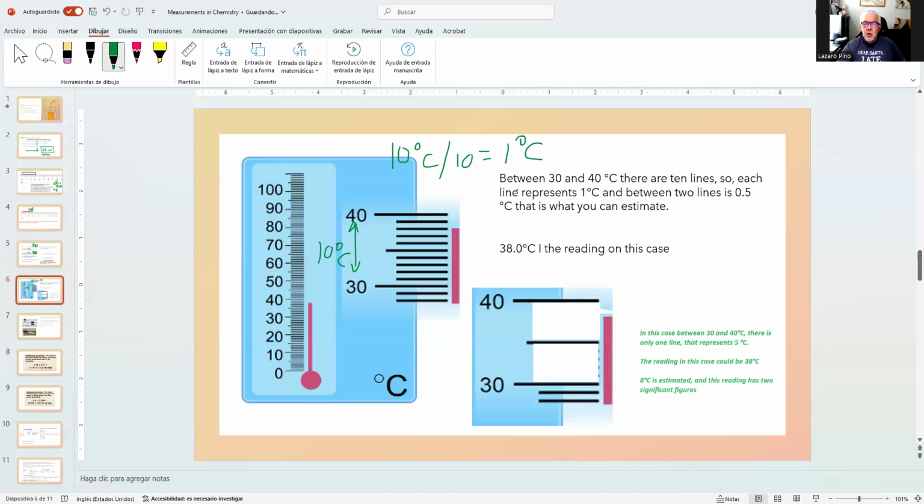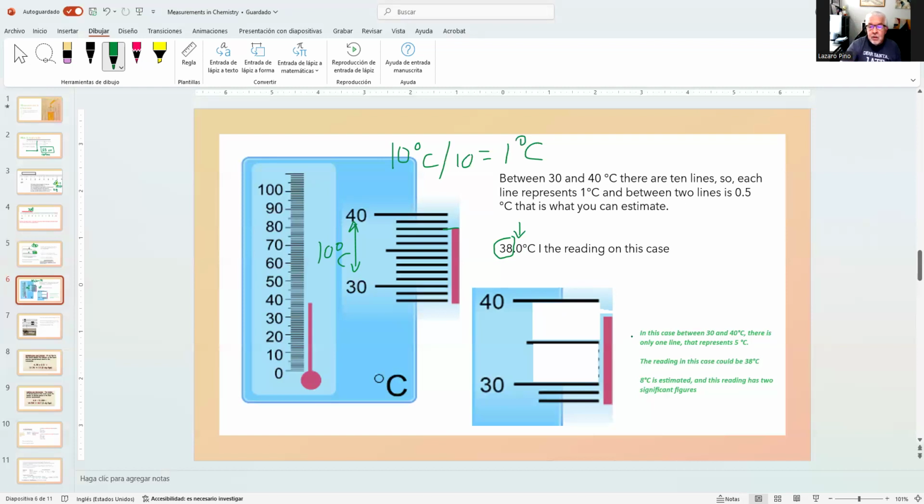Then you will be sure that the temperature here is 38. But you have to estimate an extra digit, as in this case it is sharp on the 8. Then you will estimate that the 0.